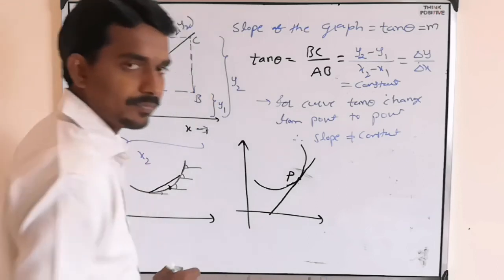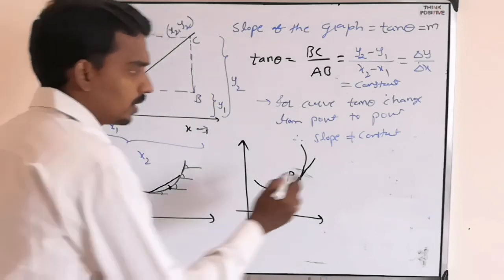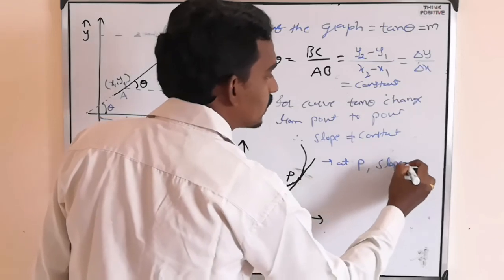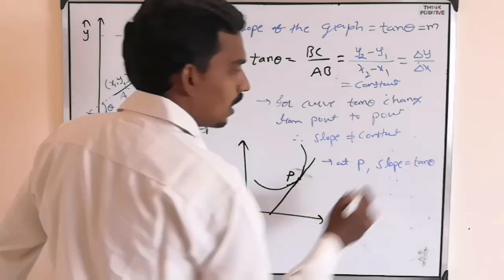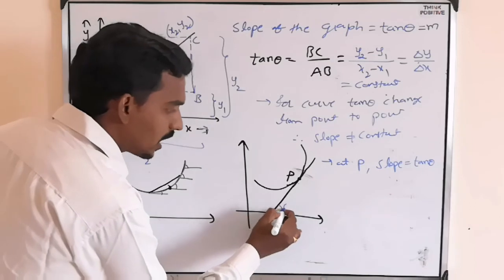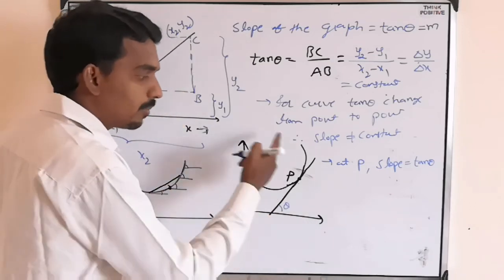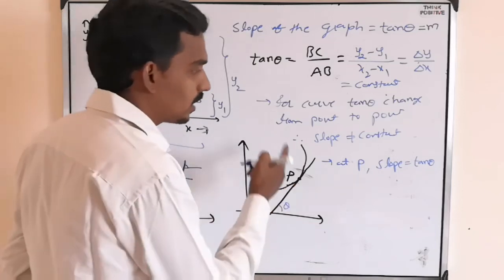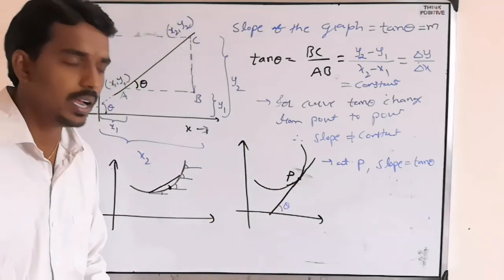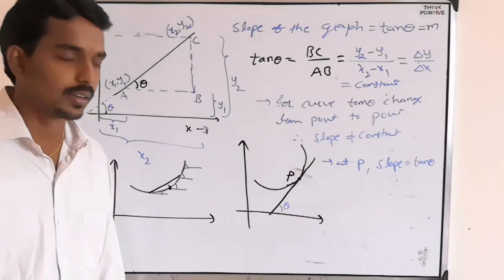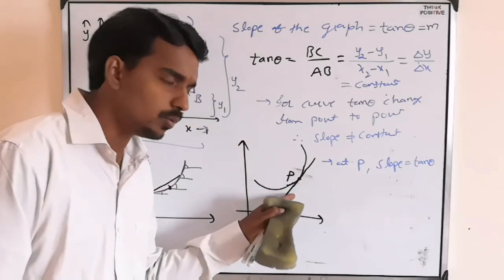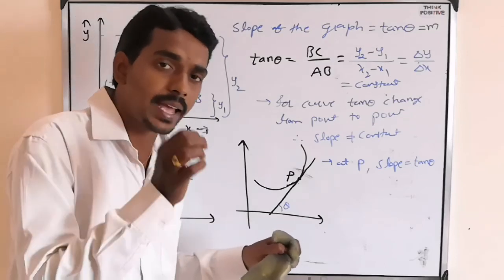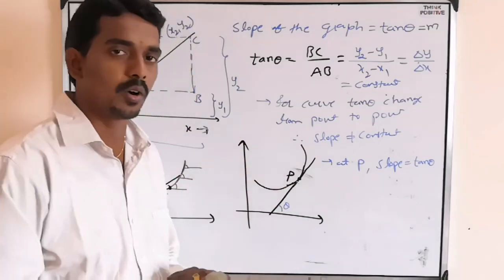Let's take P. Now at P, the slope is tan theta, where theta is not the angle made by the curve, but the angle made by the tangent at that point. So the slope of the curve at any point is equal to the slope of the tangent at that particular point.